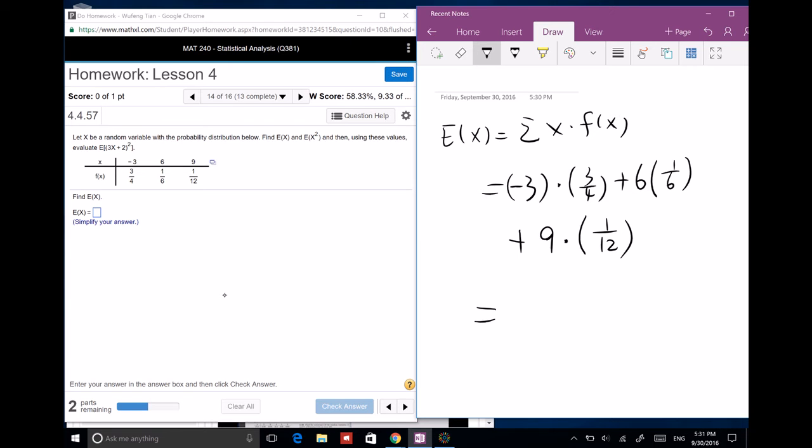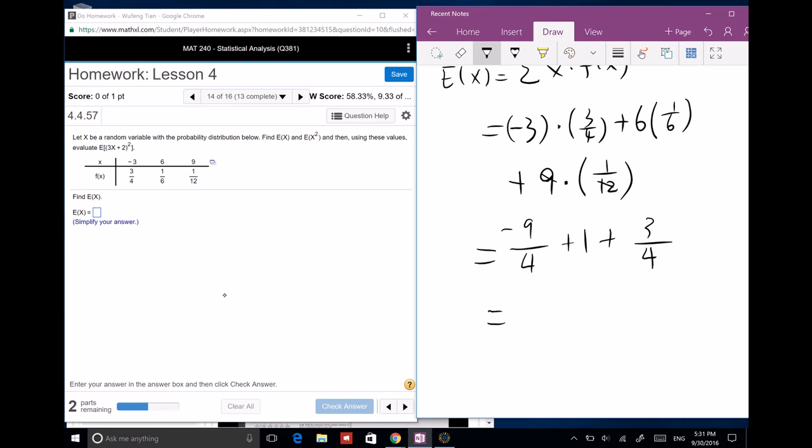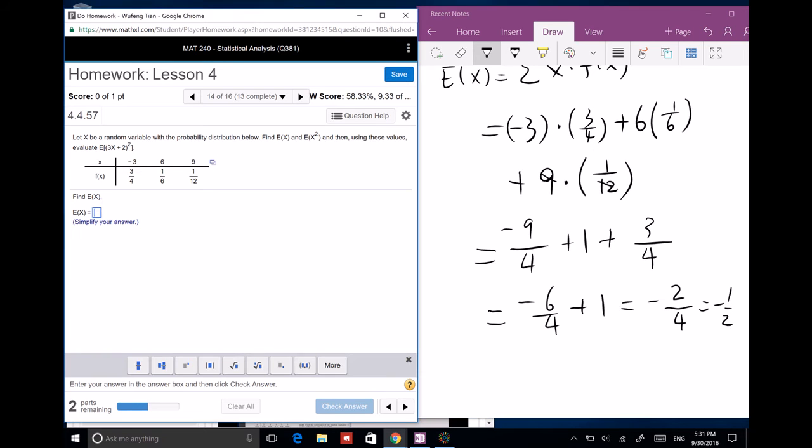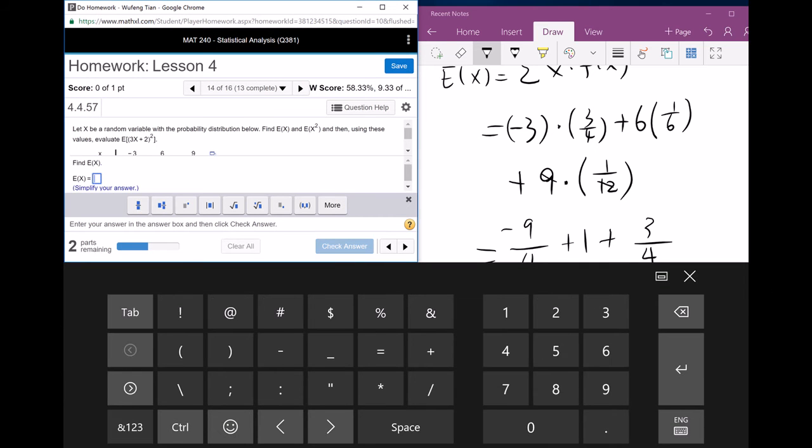So we finish that: -9/4 plus 1 plus 3/4. The final answer is going to be -6/4 plus 1, which is -2/4, which is -1/2.